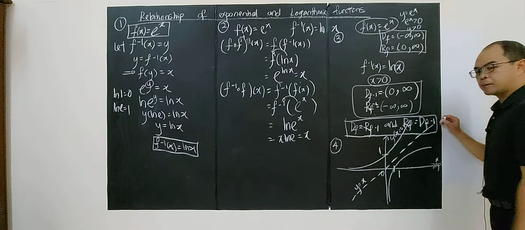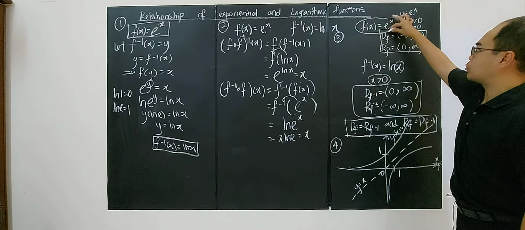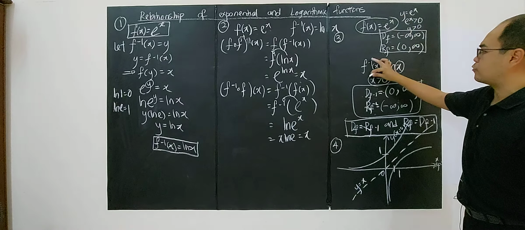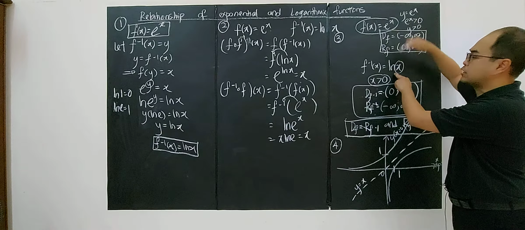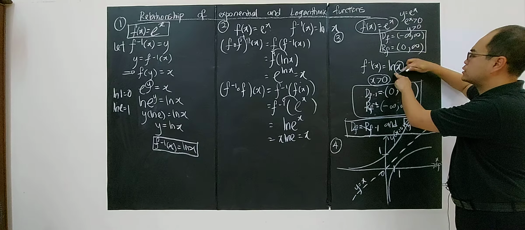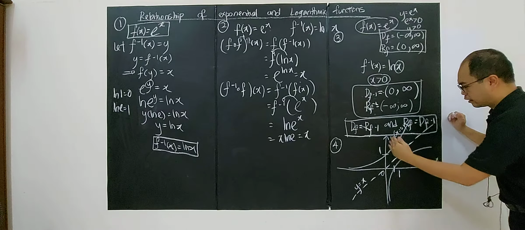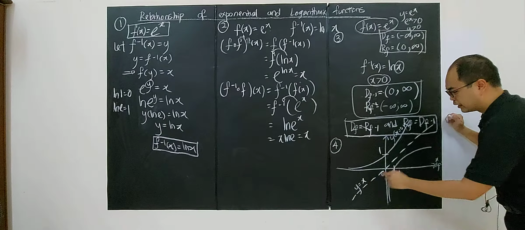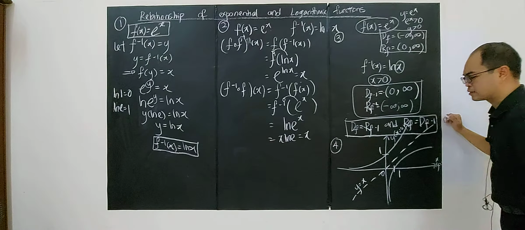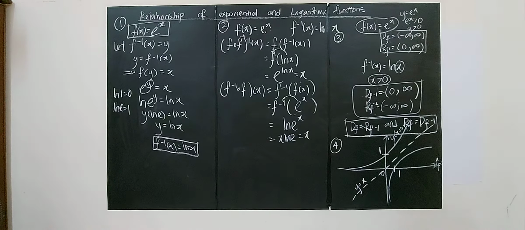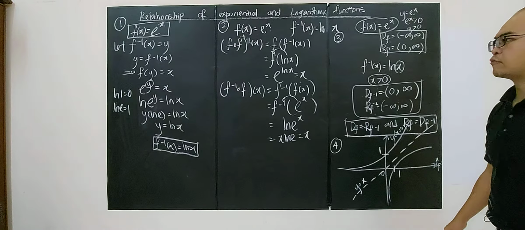So this is another property, where the graph of f(x) equals e^x and the graph of f inverse equals ln x are inverse to each other. This will be the inverse of this, and this will be the inverse of this. Therefore, the graphs are reflecting about the line y equals x. This is another property, the relationship of exponential and logarithmic functions.